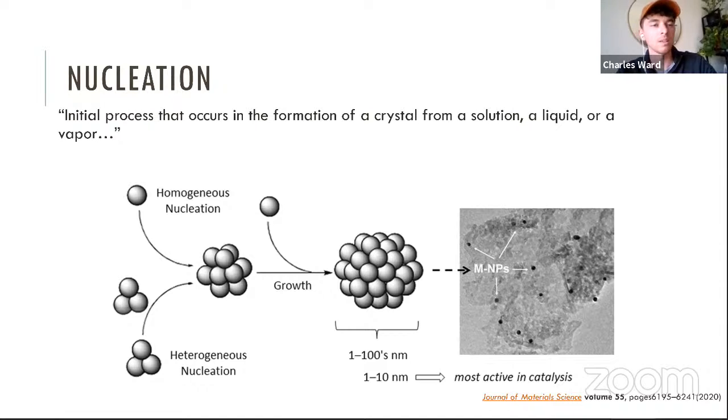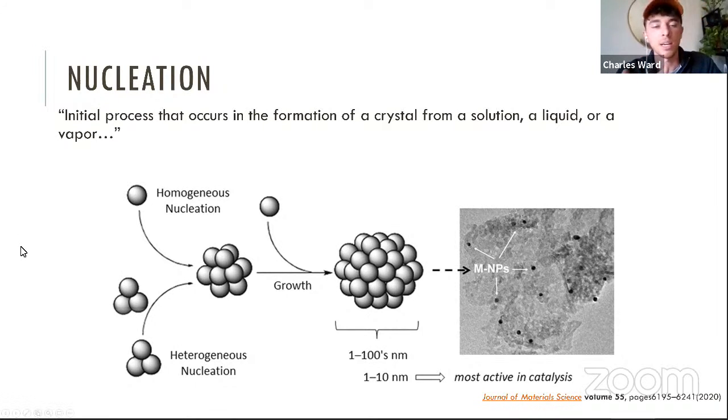All right, so that's it for that section. Next, I looked at the nucleation. This is defined as the initial process that occurs in the formation of a crystal from a solution, a liquid, or vapor, so on and so forth. The key point is the initial process. So I am treating this separately from growth, as I'll talk about in a second.